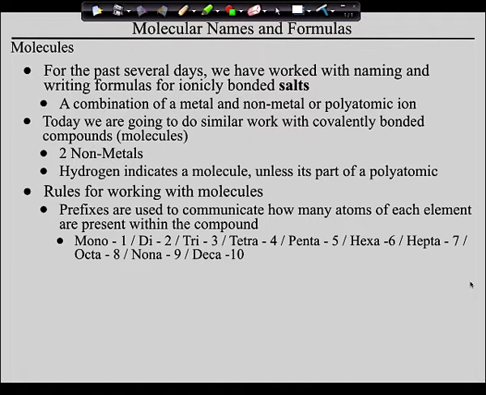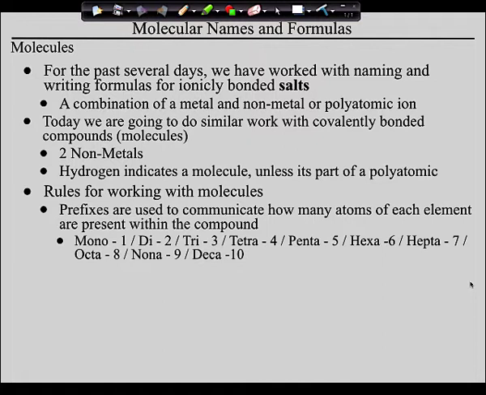So mono is 1, di is 2, tri is obviously 3. You knew that from trigonal or triangle. 4, tetrahedral, right? Tetra is 4. Penta is 5. Pentagon, geometry stuff.